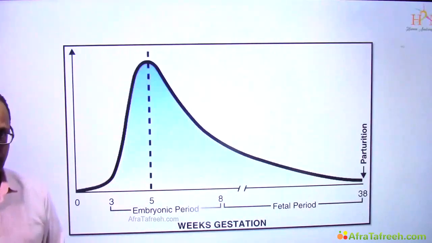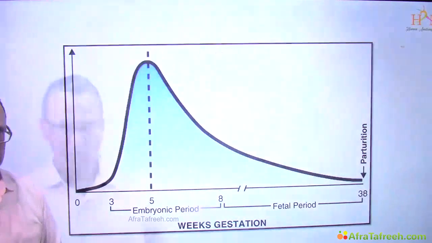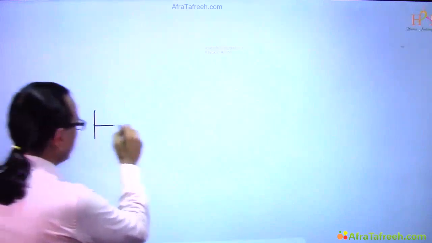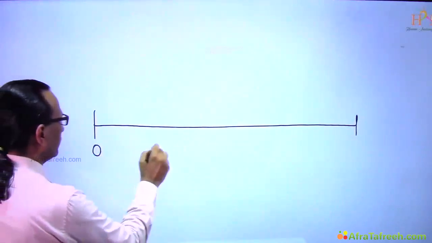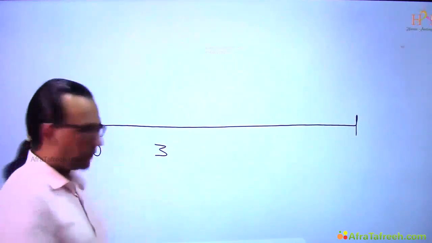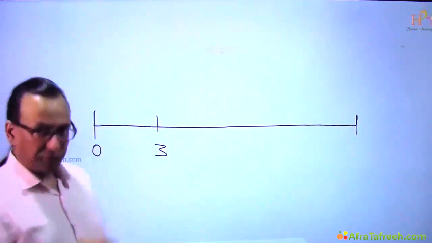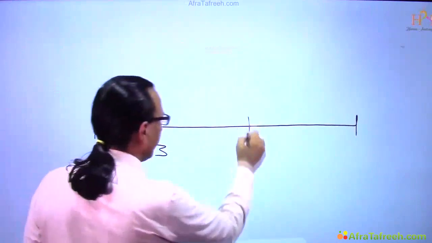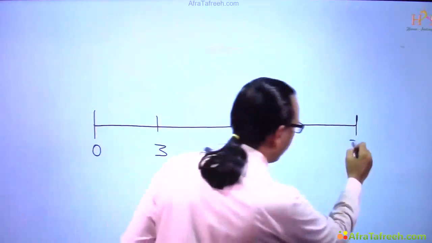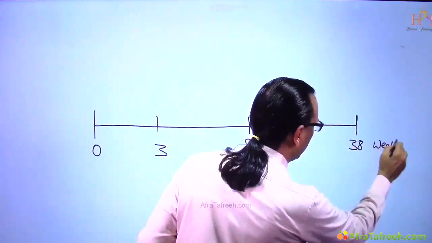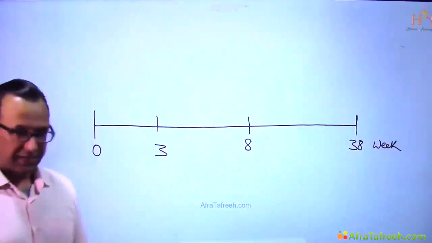Let's draw the same diagram ourselves also. So you see, this is the calculation. We are telling 0 to 3 weeks is the pre-embryonic stage, 3 to 8 week is the embryonic stage, and beyond that till the 38th week is the fetal stage.